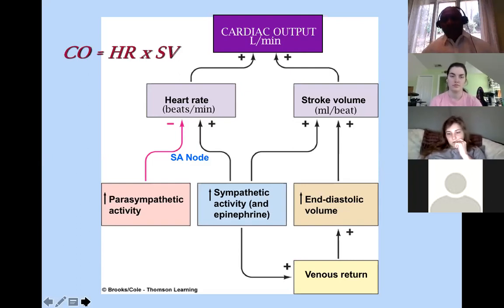Cardiac output is the volume of blood that the heart will pump out, will eject in liters per minute. The volume in liters and the period per minute.